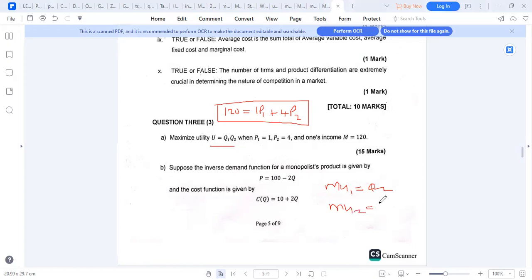Differentiate it, our dummy is Q1, so leave it as it is. So in this case, what have we established? Our function will be as follows.